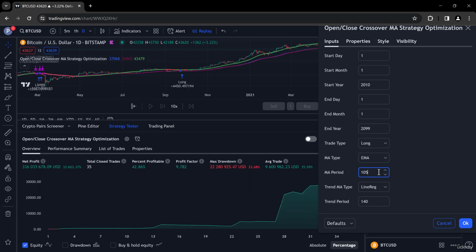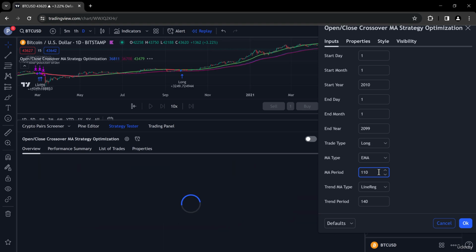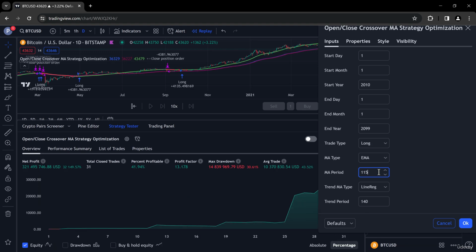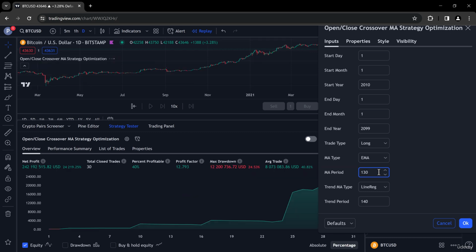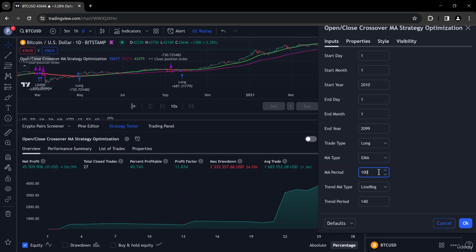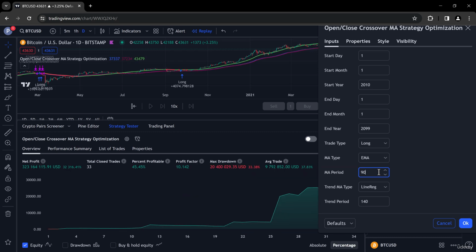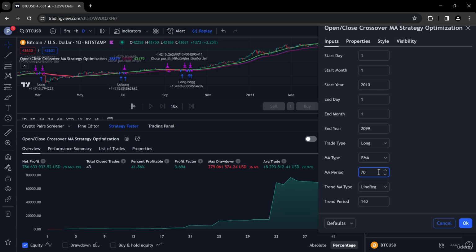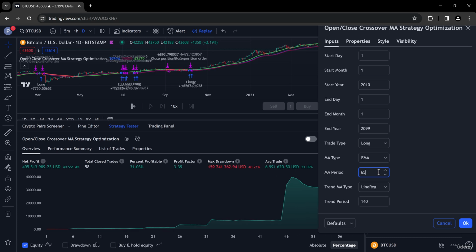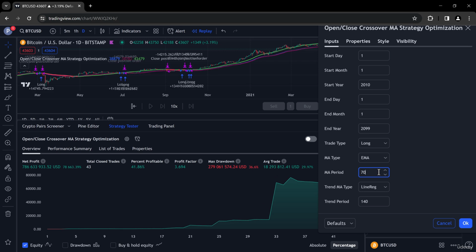So let's have it 100, 110, 120. So no, the highest we had was around 70,000. 61, 78. Okay, so we have 78. So this looks like an optimal value for MA period.